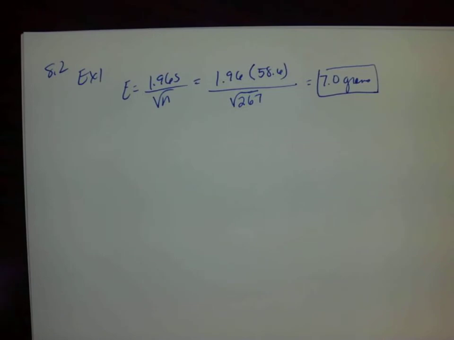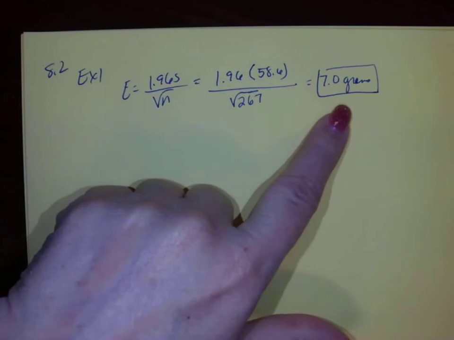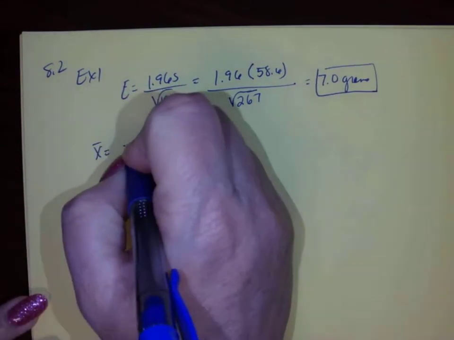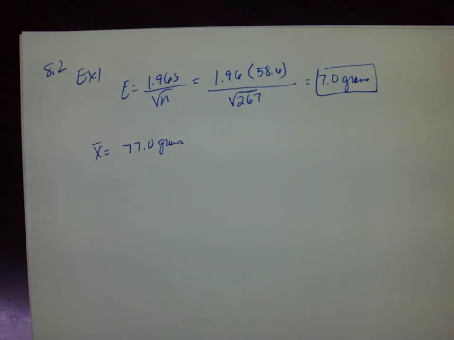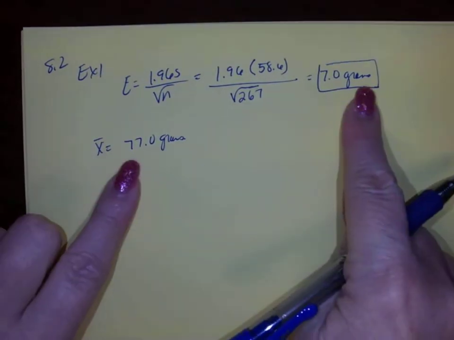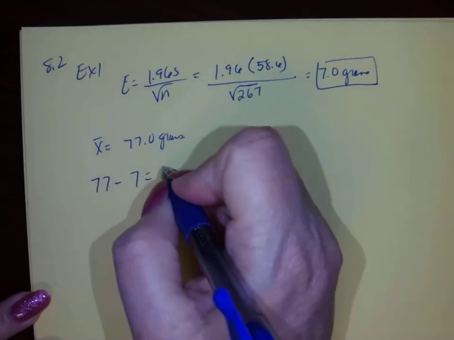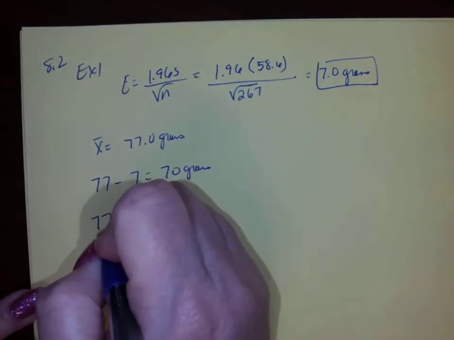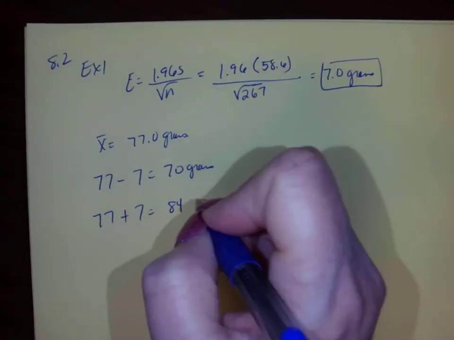Now, to construct our 95% confidence interval, we're going to add and subtract the margin of error from the sample mean. So our x bar was equal to 77.0 grams. So we're going to add and subtract that number. So 77 minus 7 will get us 70 grams, and 77 plus 7 will get us 84 grams.